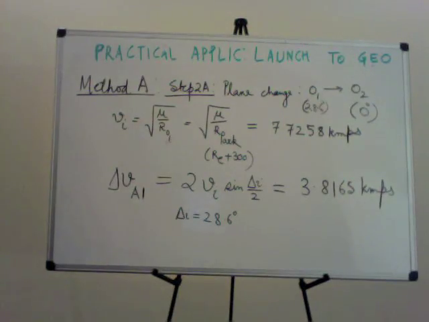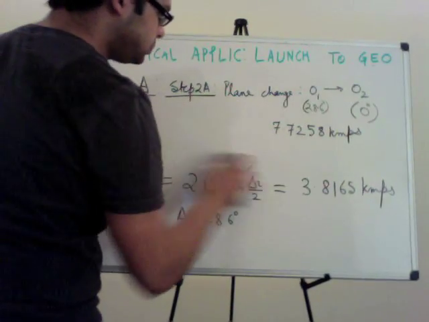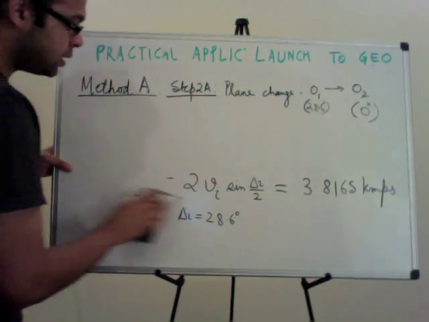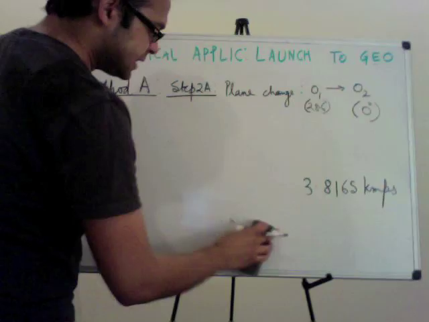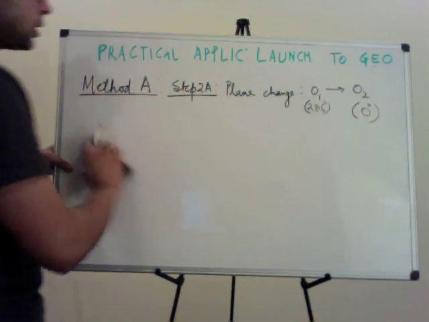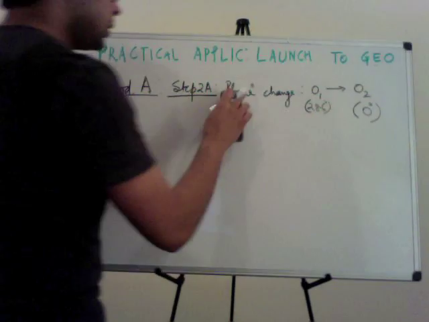A lot of delta V. Remember that this delta V A1 takes place at either the ascending node or the descending node of the parking orbit.